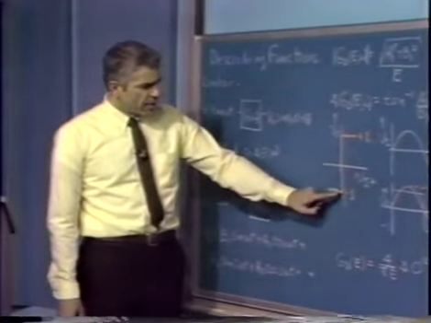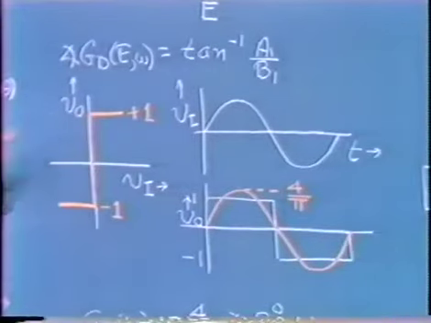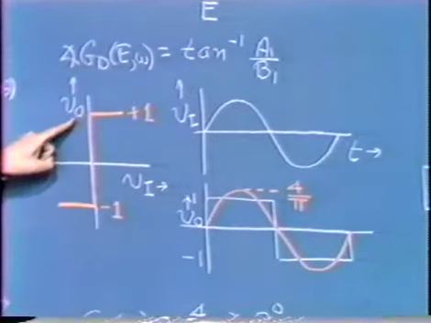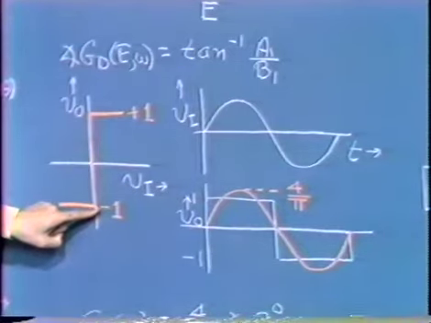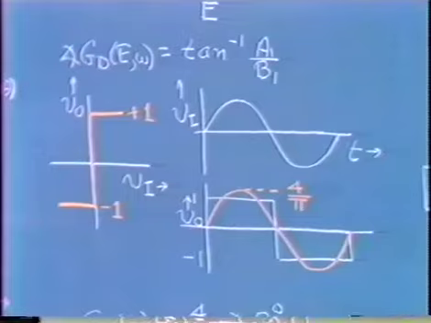In other words, we have an element whose input-output characteristics are such that the output is +1 for any positive input, and the output is -1 for any negative input.